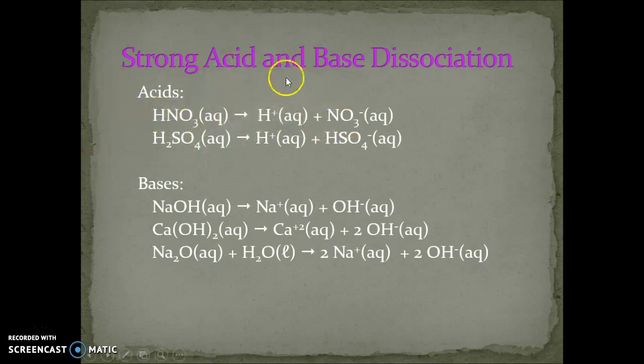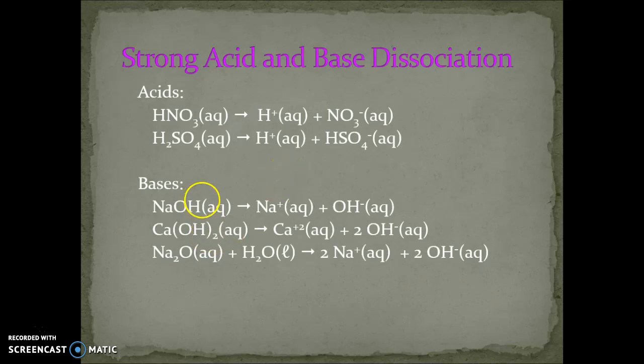It's going to dissociate to give you H plus and NO3 minus. Sulfuric acid has two H's. Only the first one is strong. It loses that first one 100%, and you wind up with this hydrogen sulfate ion. So you got to be careful. Acids lose their hydrogens one at a time because they are molecular. So even the strong acid, H2SO4, only loses its first hydrogen 100%.